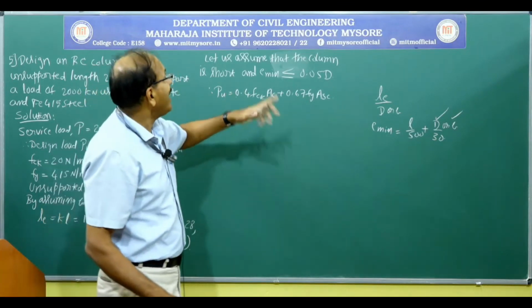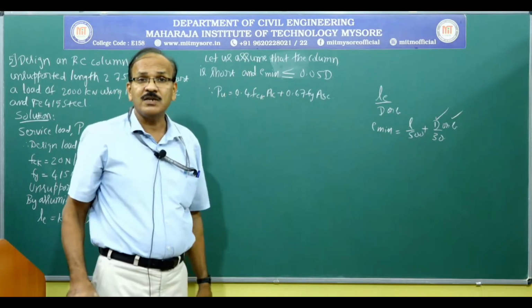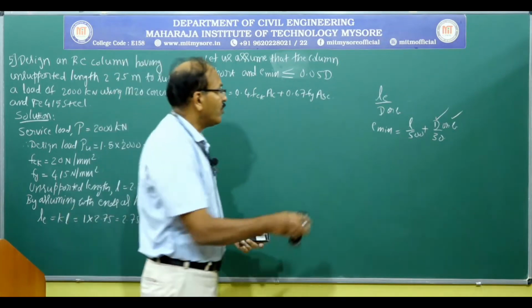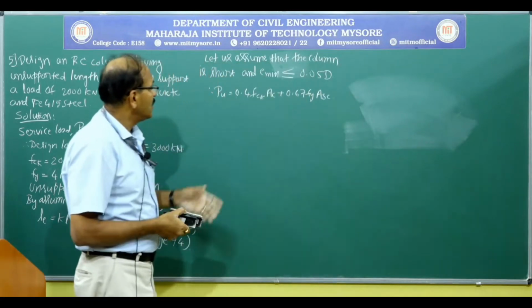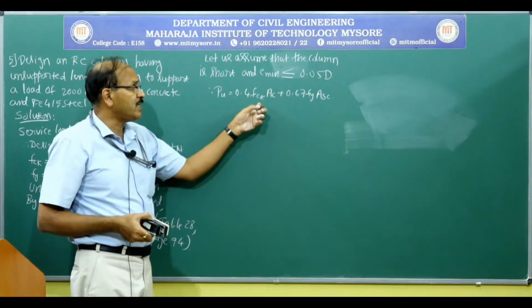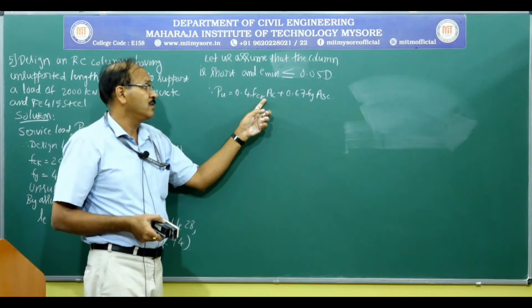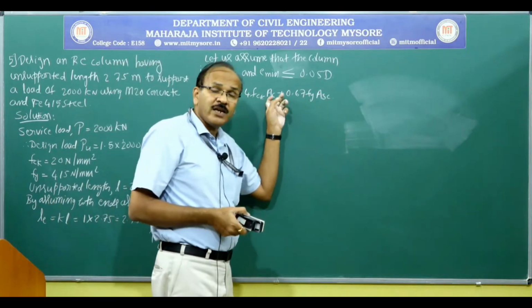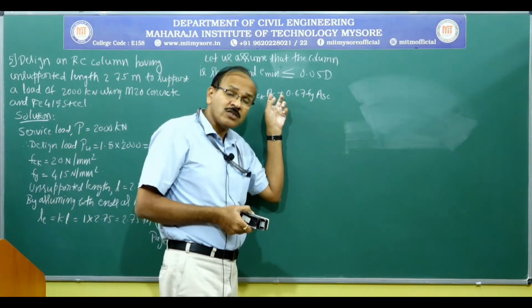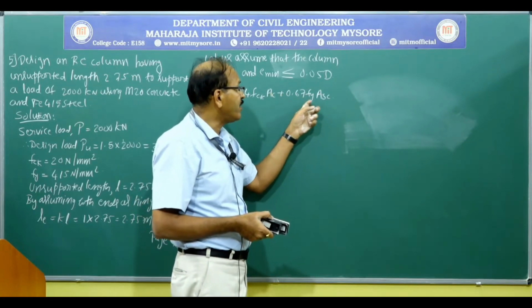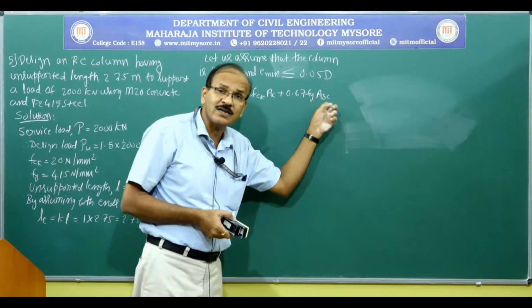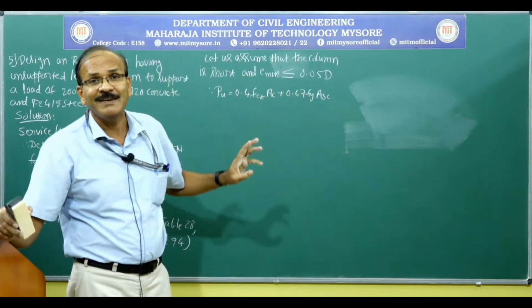Then I go back and satisfy these two conditions later. Okay. So coming back to this, in this equation PU is known, FCK is 20, M20 concrete. AC is the area of concrete, that is given by gross area of cross section minus area of compression steel, plus 0.67 FY ASC, where ASC is the area of compression steel.